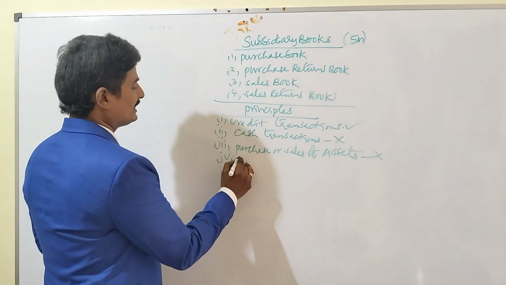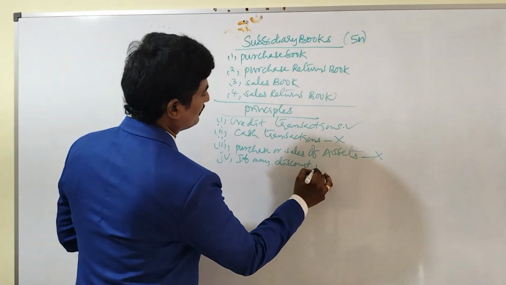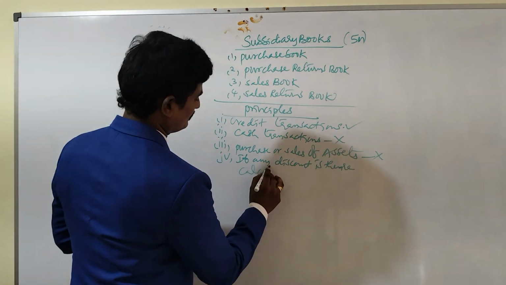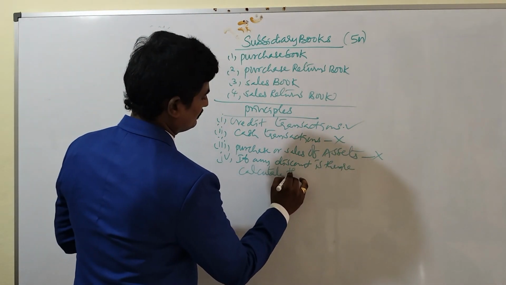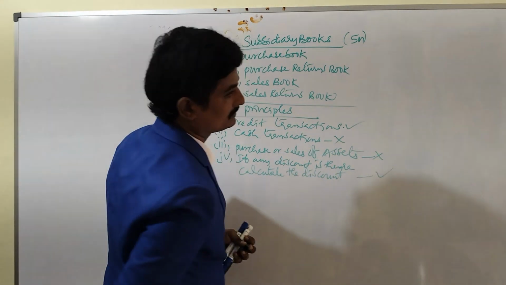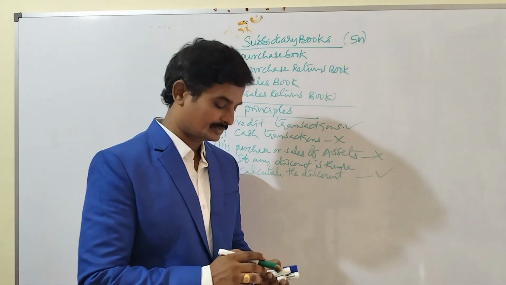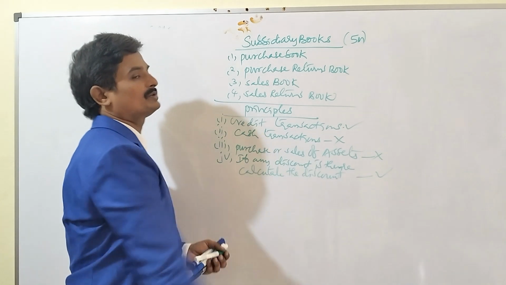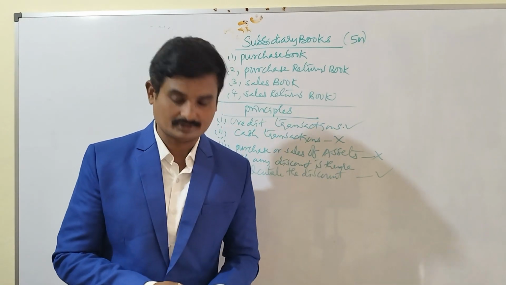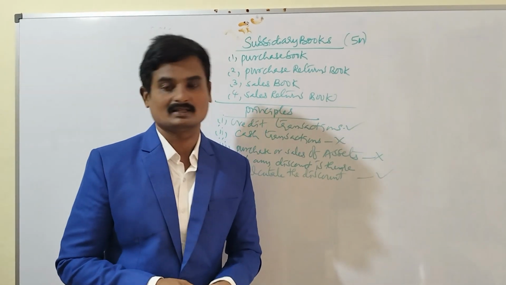The fourth one: if any discount is there, calculate the discount and enter the remaining balance in the subsidiary book. These are the 4 simple principles to follow while preparing our subsidiary books. I am going to give an example for this.